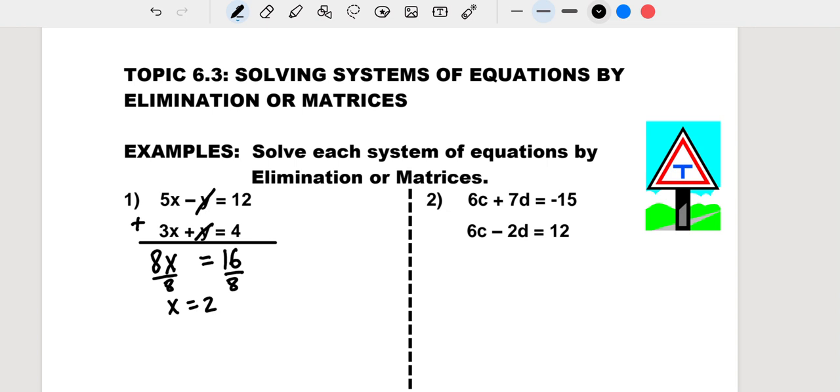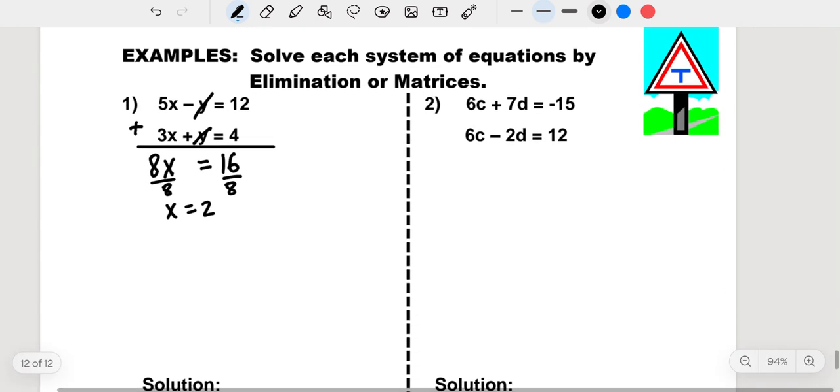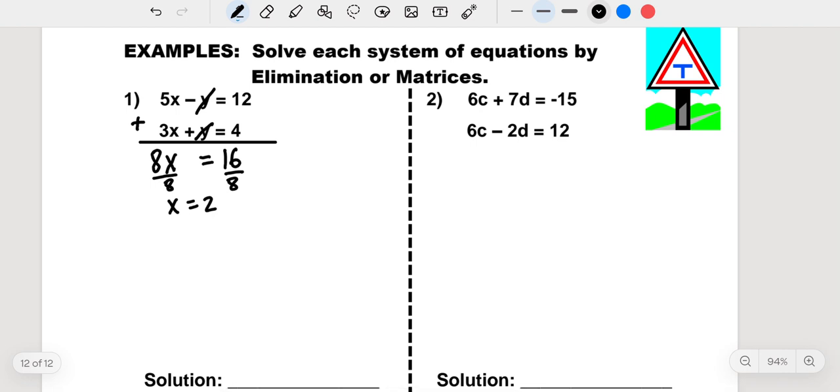So that means that the x coordinate of this system is 2. In order to figure out what y is, you would plug x back into the equation. I'm going to use this equation because the y value is positive. So we have 3 times 2, because wherever there's an x, I can put a 2, plus y equals 4.